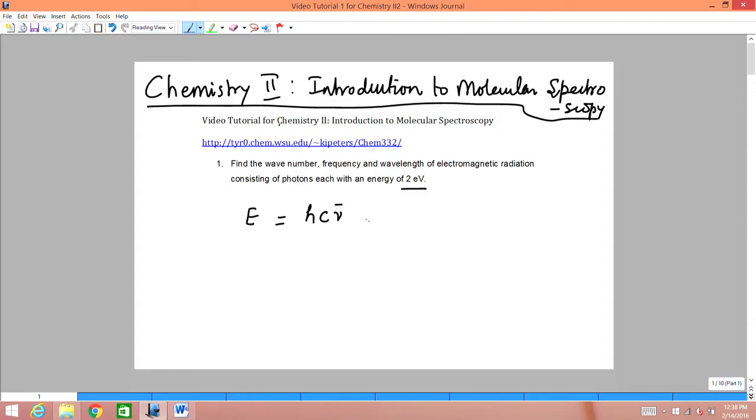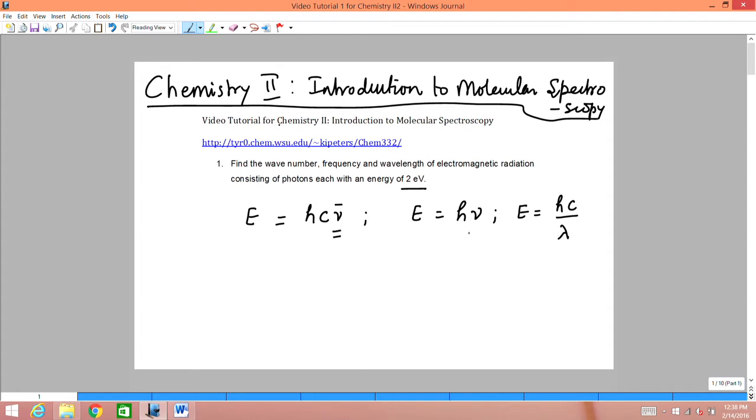The second one is the energy related to the frequency in terms of the Planck's constant and the frequency, and the third is the energy related to the wavelength in an inverse fashion with the Planck's constant and the speed of light and the wavelength dividing it.